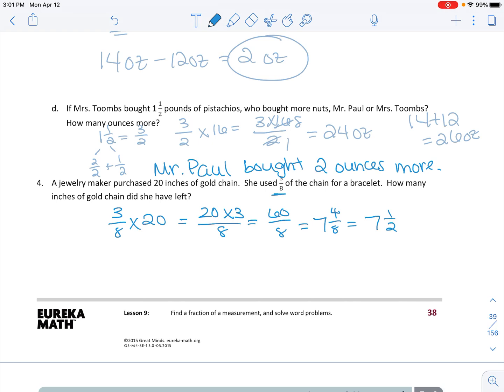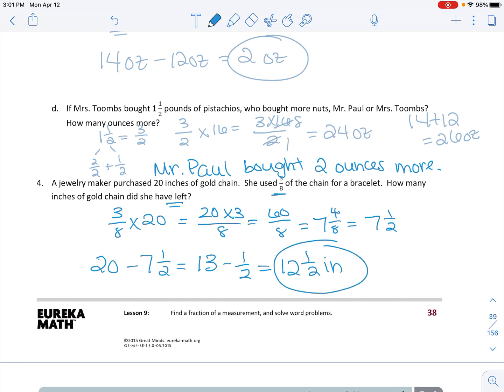So this is how much she used. It says, how much does she have left? Well, I'll take what we started with minus what we used. Well, 20 minus 7 is 13. 13 minus 1/2 is 12 1/2. So she has 12 and 1/2 inches left.